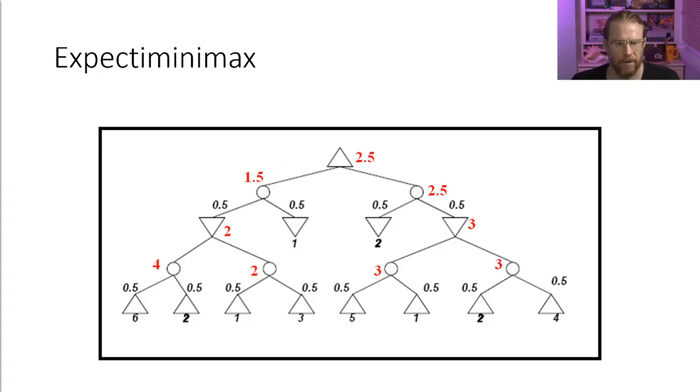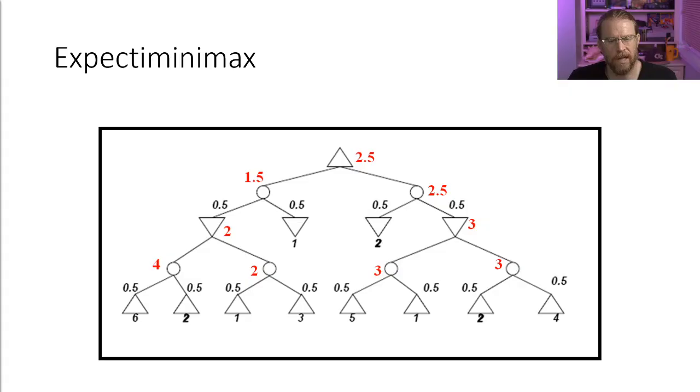So we have these evaluations, and in the bottom left here, those two siblings, we have a 6 and a 2. Each branch, based on the chance outcome, say like flipping of a coin, has perhaps a 50% chance of leading to the left child, and 50% to the right.